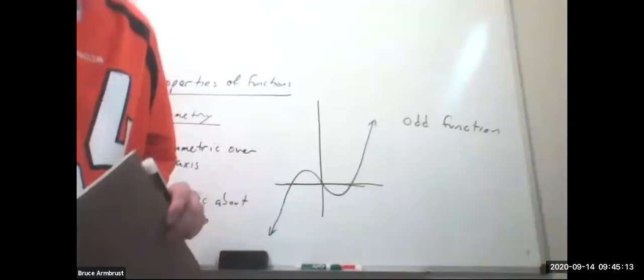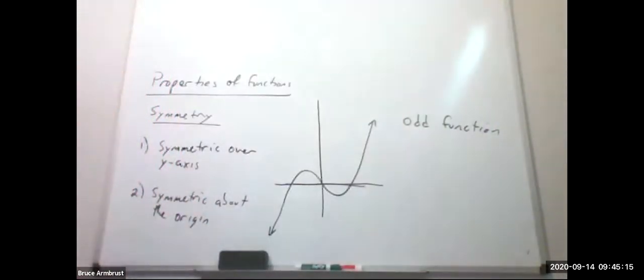Okay, so same function. So what I'm going to do is I'm going to rotate it halfway around. It looks exactly the same, right? I flash this up, or I flash that up. You wouldn't know the difference, right? So that's odd symmetry. So I think of it as a rotation.